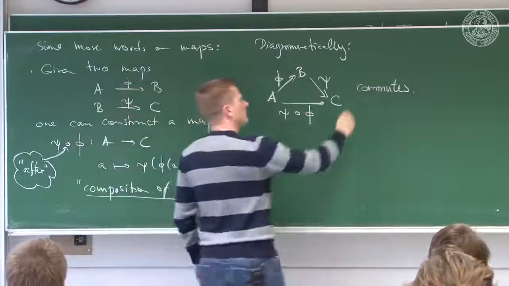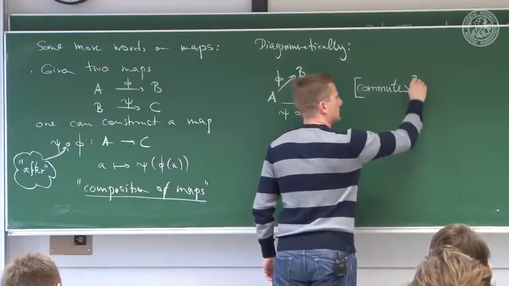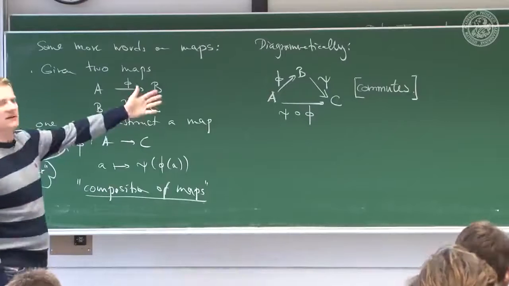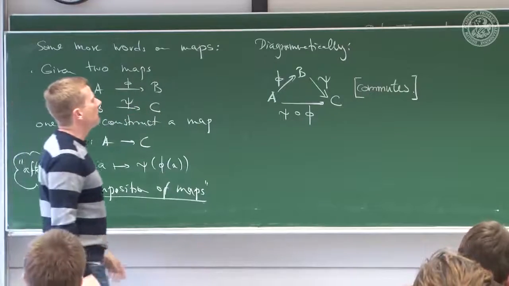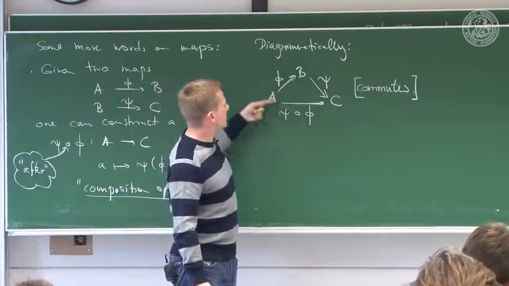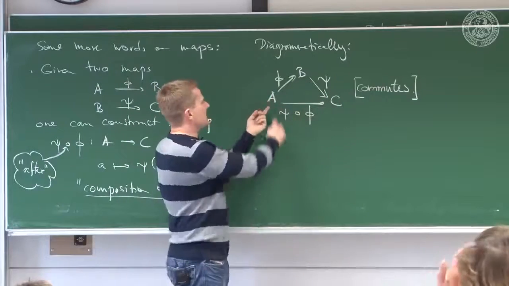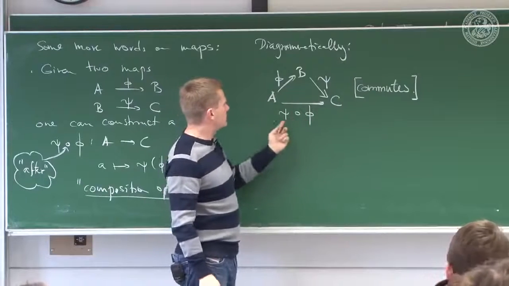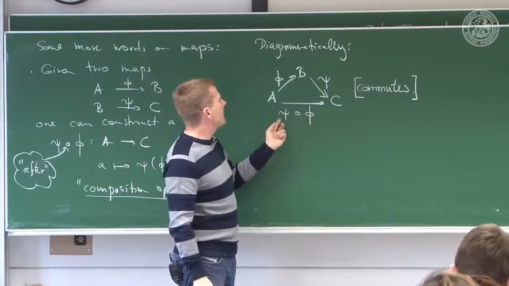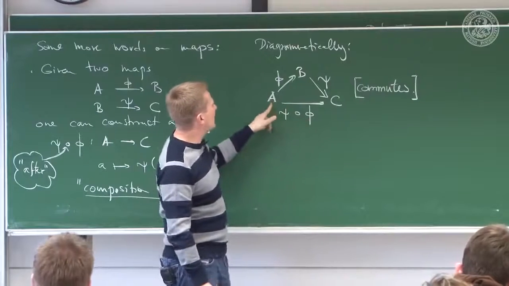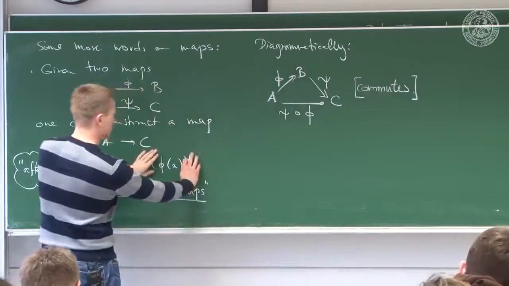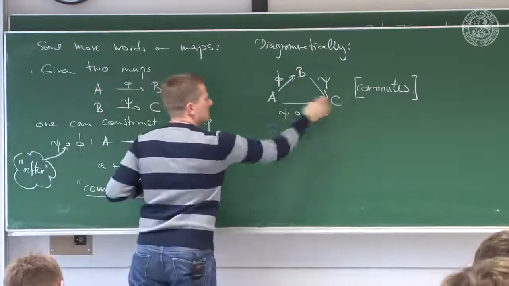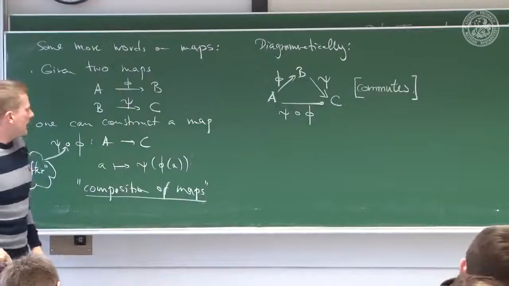But very often, people don't write this explicitly, but by writing down this diagram, they say, there it is, it commutes, which means you can go this way or you can go that way, and if you start from here, you arrive at the same result. And if then this arrow is called psi after phi, that obviously defines psi after phi. The element in A is first mapped by phi, and then the result is taken on by psi and mapped to C, and this is this map.